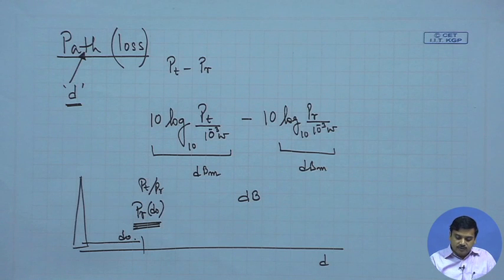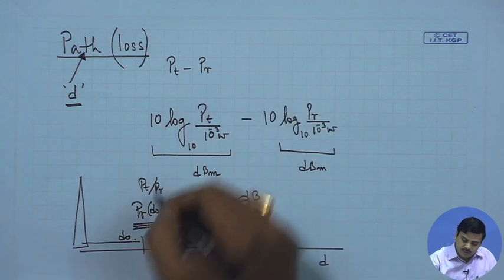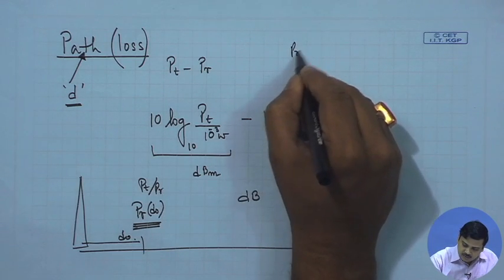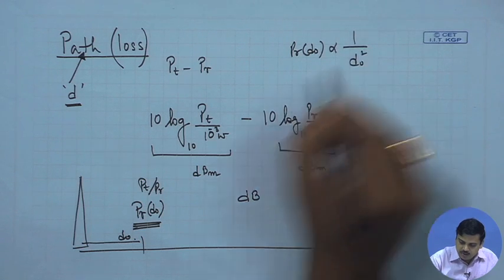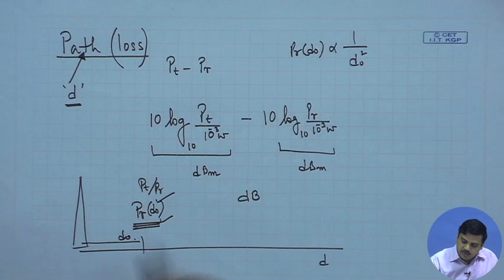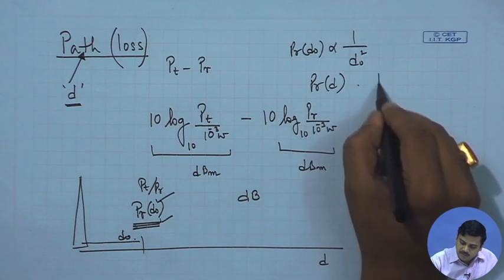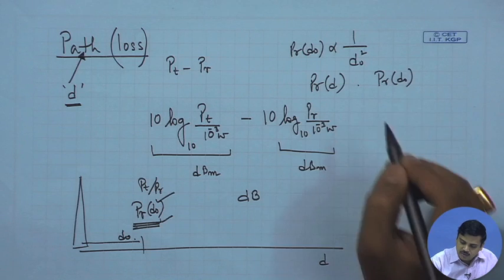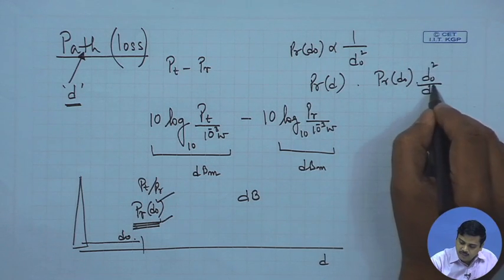Once this value is available, then the received signal strength can be referenced to this particular d0, because in that case PR(d0) is proportional to 1 by d0 squared. Now, d0 is known, PR(d0) is known. In order to get the power received at d, when PR(d0) is given, you have to multiply it by d0 squared and divide by d squared.